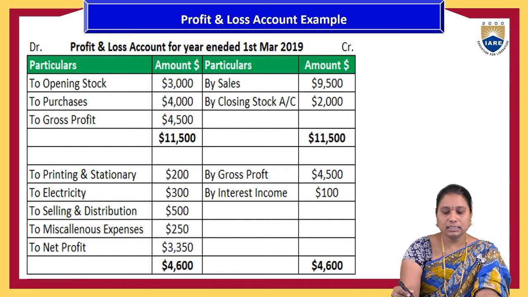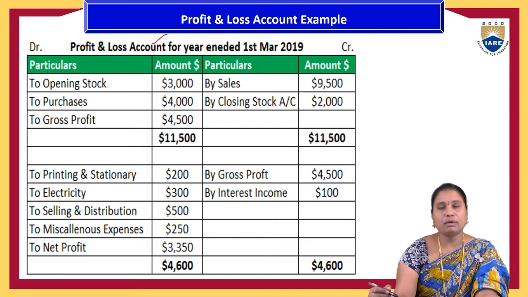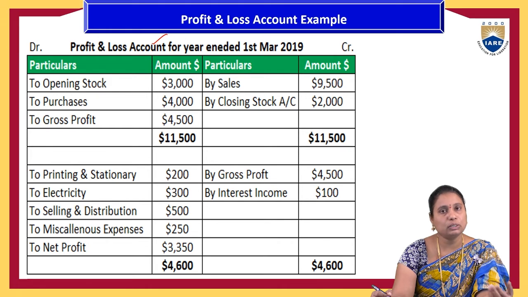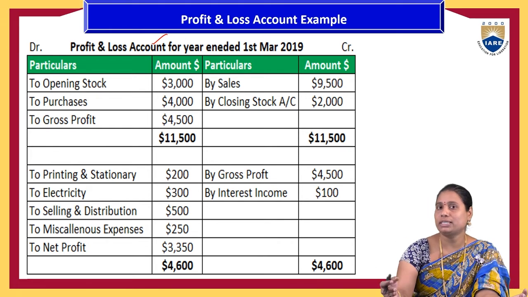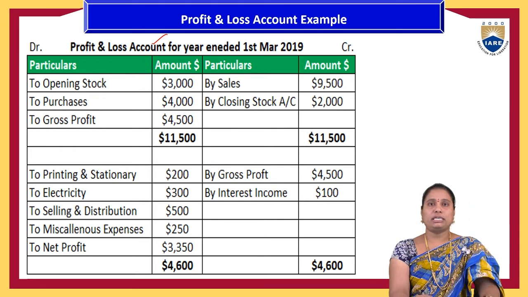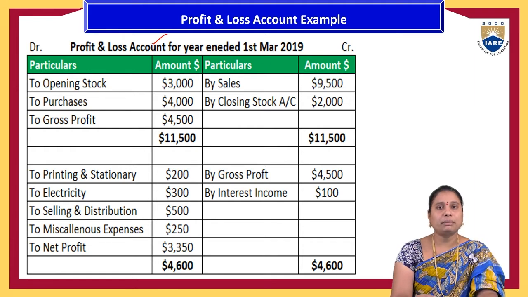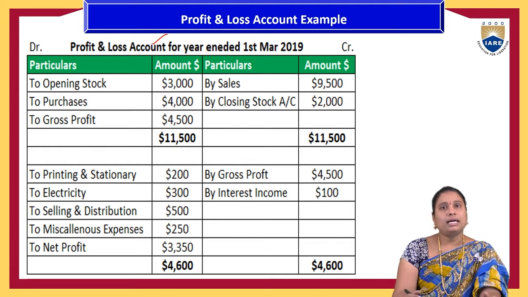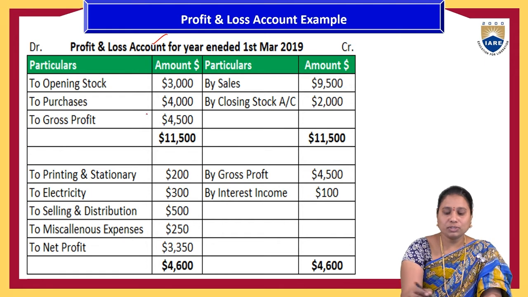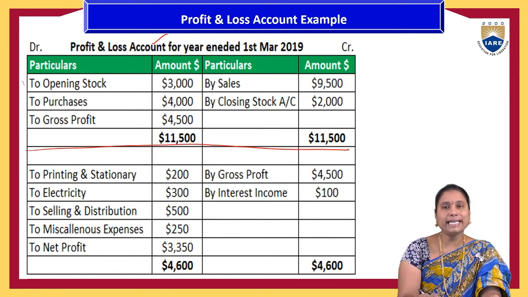Here we have to observe the title: profit and loss account for the year ended 31st March 2019 or 2021. For every financial year, they have to prepare this income statement or profit and loss account with debit and credit balances. The opening stock and the first part are about the trading account.